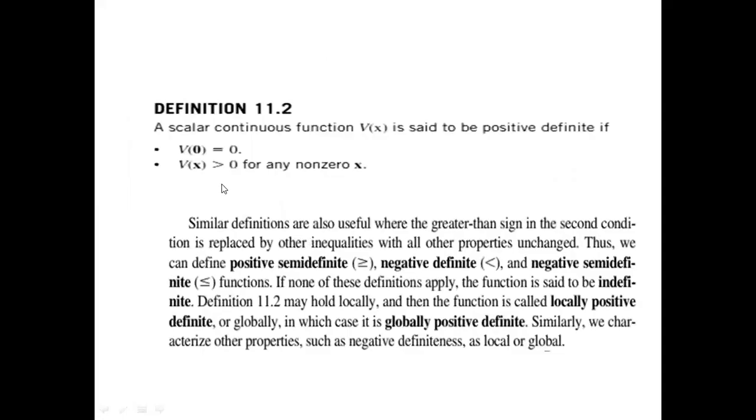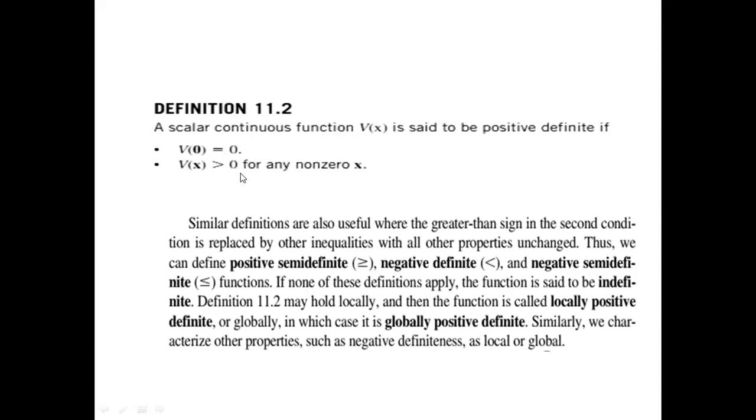That is the reason. So the value of V at any non-zero x is greater than 0, and at the origin it is 0. That is called positive definite.